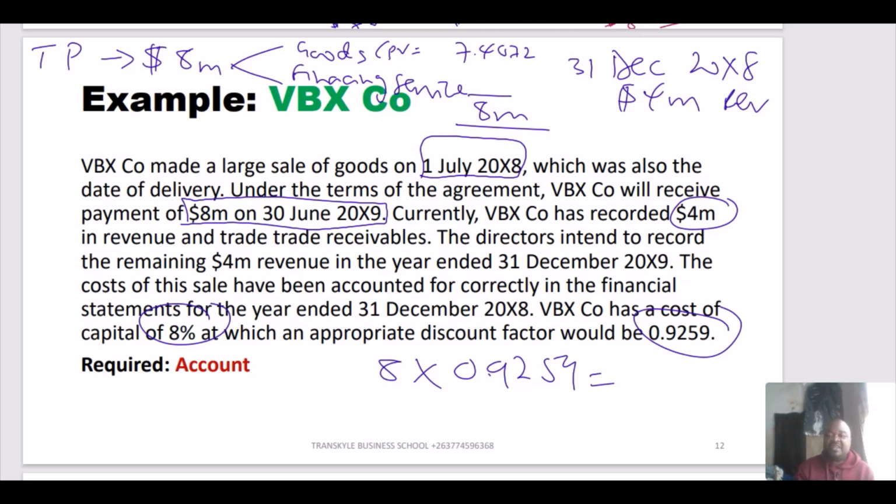Now, I said the financing element is just the balancing figure. Yes, it's 7.4072, so the financing service is the balancing figure: 8 million minus 7.4072. That's 0.5928.